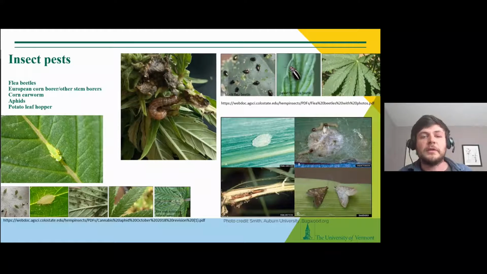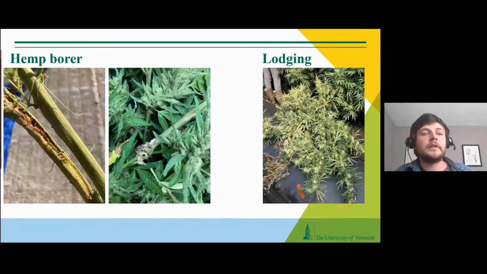But for the most part, it seems like most of the plants are able to recuperate and grow through this type of damage. Here are a few more pictures of hemp borer damage. A lot of these weakened stems can lead to some lodging, but a number of varieties have also been more or less susceptible to wind damage over the years that we've noticed.